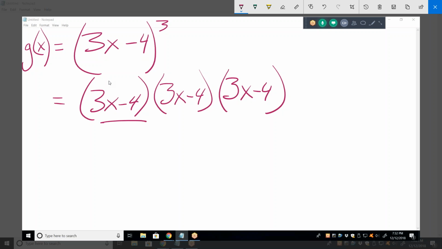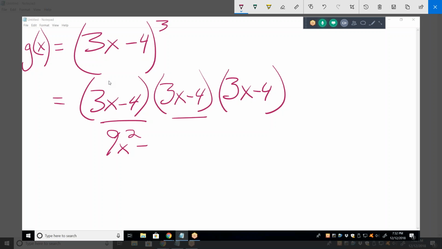So multiply that by that, for starters. That would be 9x squared plus 16. There's a middle term. What's the O and the I of FOIL going to add to? That would be minus 12x.